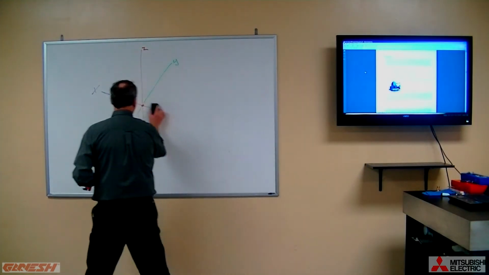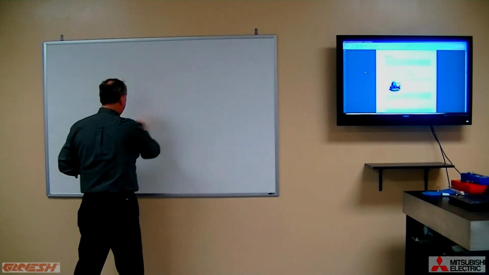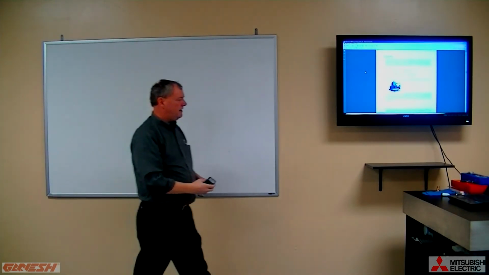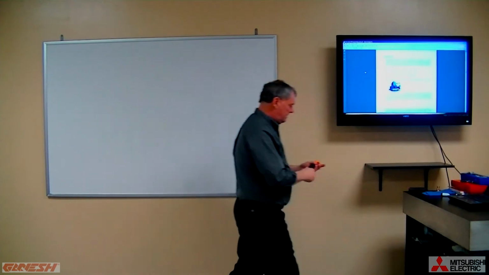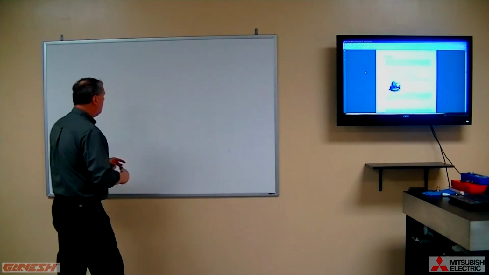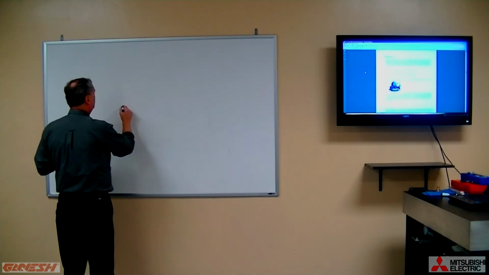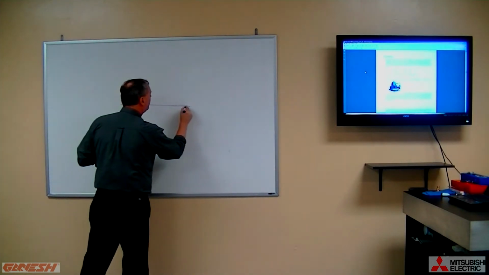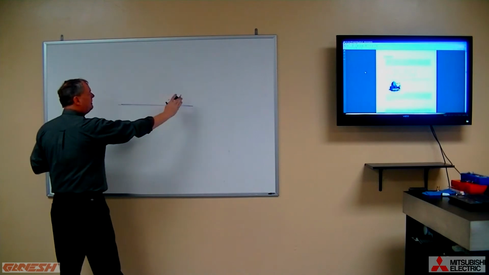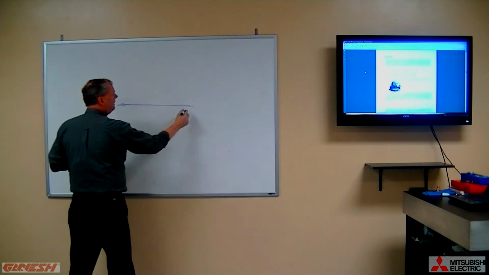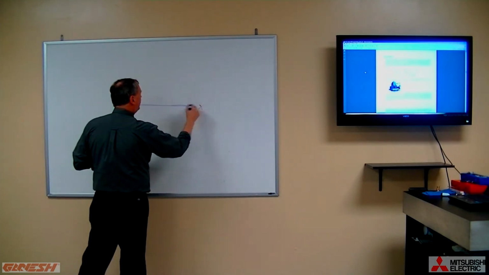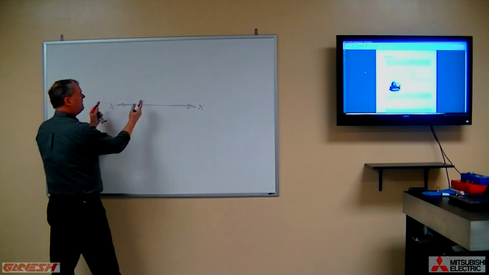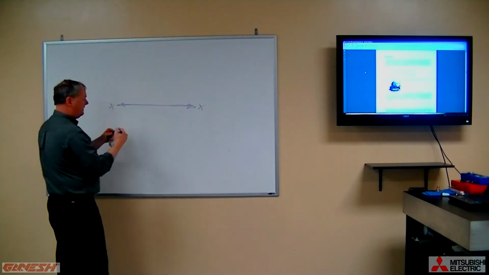So what I'll do is take the Cartesian coordinates that I've drawn up, and I'll only draw them up as x and y axes at this time. So here I have an axis of motion that we're going to call x. So imagine this as our table going back and forth.